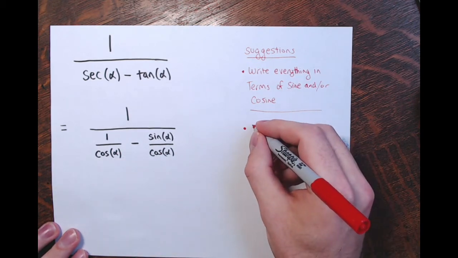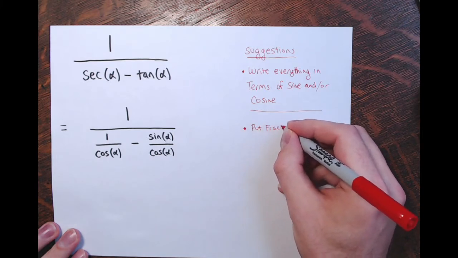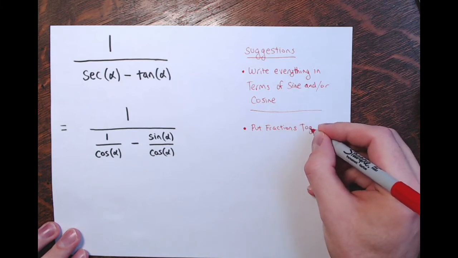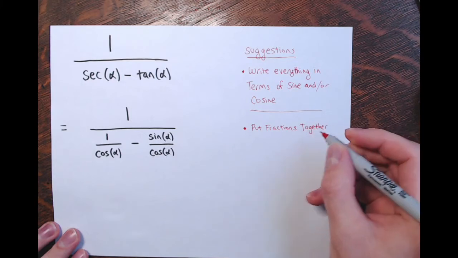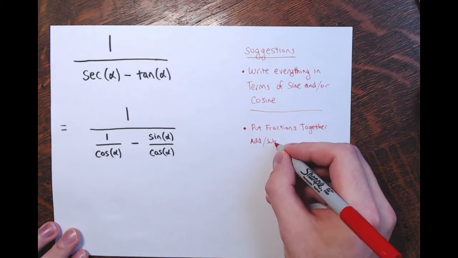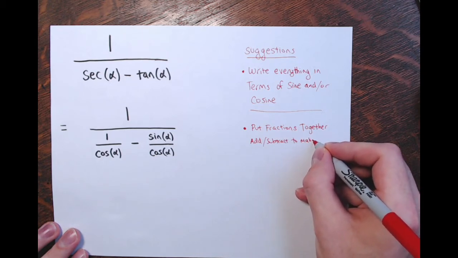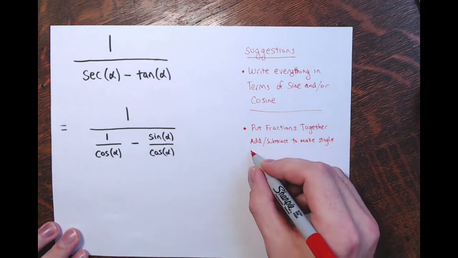So put fractions together, adding and subtracting. And remember, when you add and subtract fractions, you need a common denominator. Add, subtract to make single fractions or simple fractions.